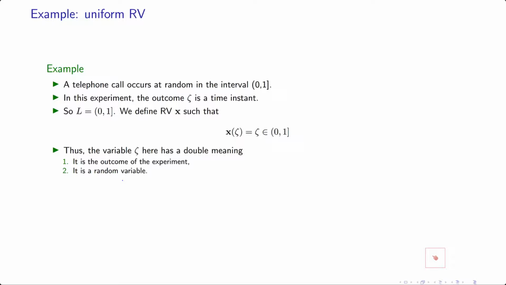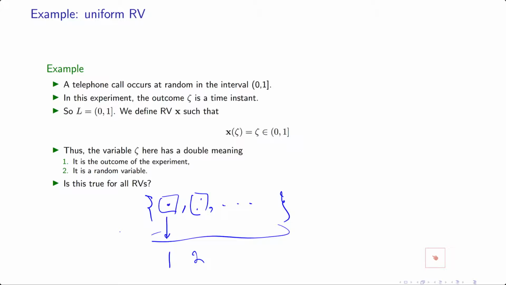And the question is, is this true for all random variables? Of course not. For instance, if you have a dice experiment, so you have this one, and then you have 2, etc. Of course, you could map this one to 1, map this one to 2, etc. And then this mapping could be a random variable, because we need here to be a real number.